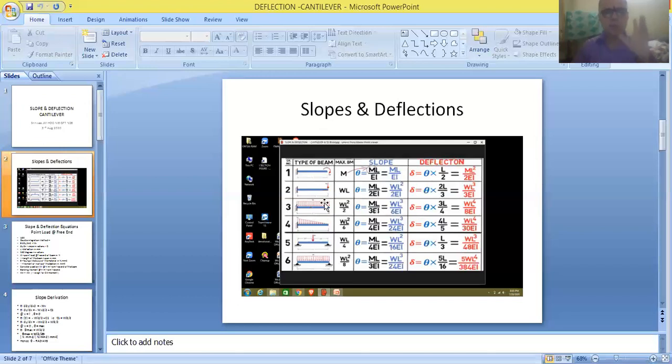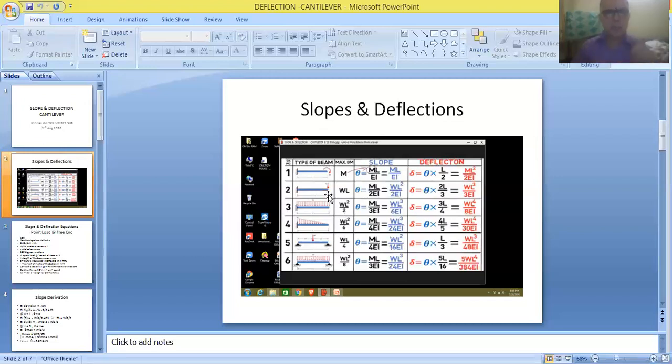So friends, if a point load is acting on the cantilever, we have to use these two formulas for measuring slope and deflection values. And if a UDL is acting on the cantilever, we have to use these formulas for measuring the slope and deflection values.